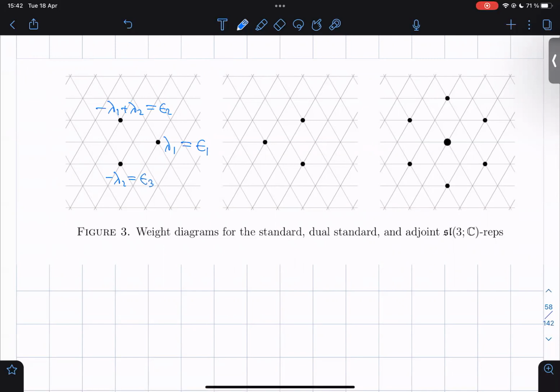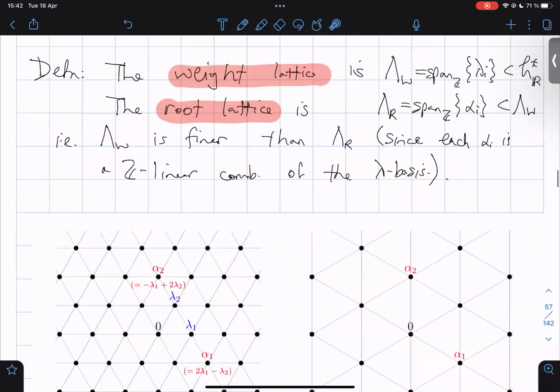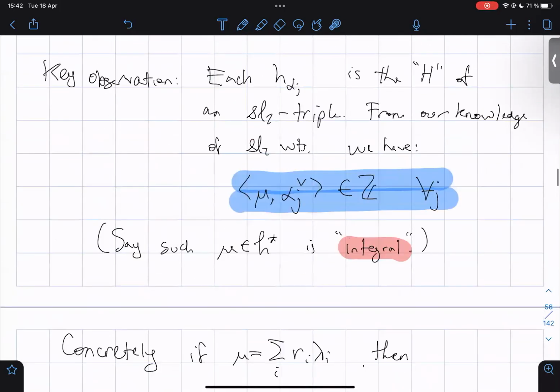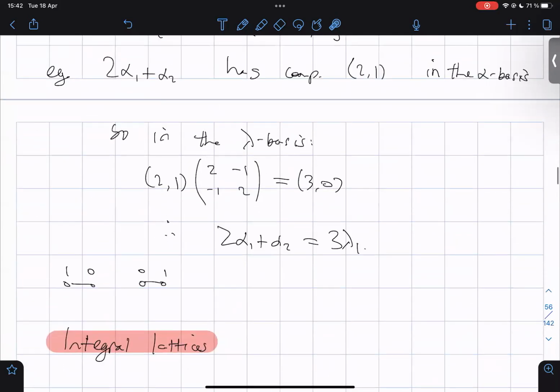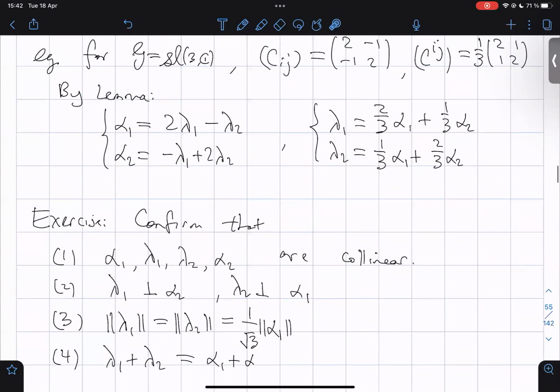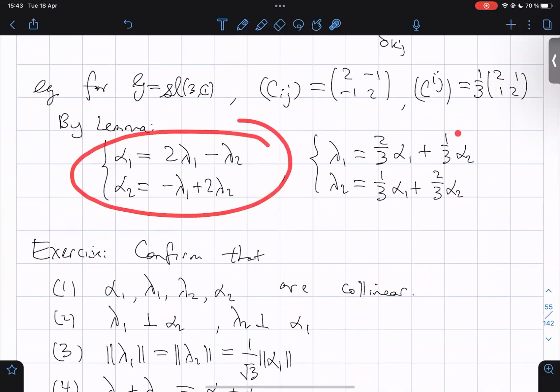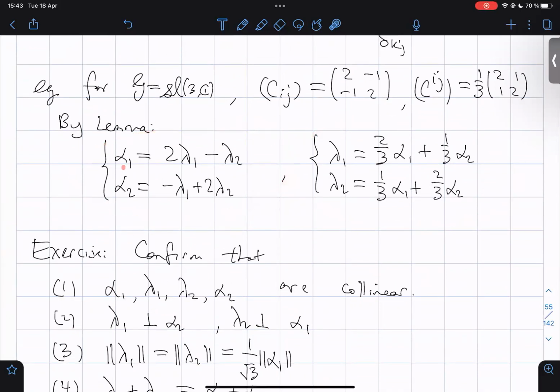That exercise I suggested before, verifying that the epsilons are written in terms of the lambdas in this manner, we can do now that we have the dictionary between the alphas and the lambdas. Alpha 1 is epsilon 1 minus epsilon 2, alpha 2 is epsilon 2 minus epsilon 3, so you can do some linear combinations and figure this out. Good exercise.